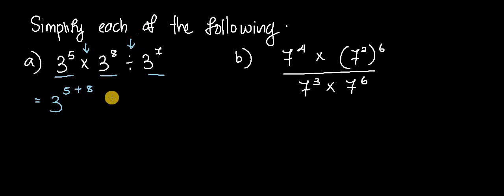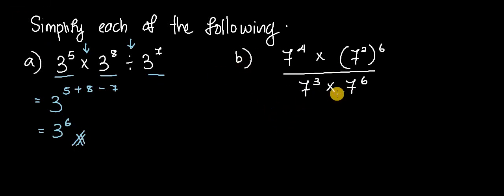And then I have divide, that means minus with 7. So here I would get 3 power 5 plus 8 minus 7, I would get 6. And I could solve it further, but since this question just asked me to simplify, I will not solve it further. I can just keep this as my power.